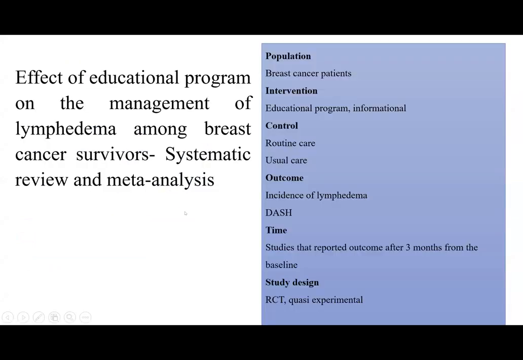We have to make our PICO according to our statement. P means population: what kind of patients we are going to include in our study. In the statement, you can see we have breast cancer patients or survivors, so I have put breast cancer patients or survivors.